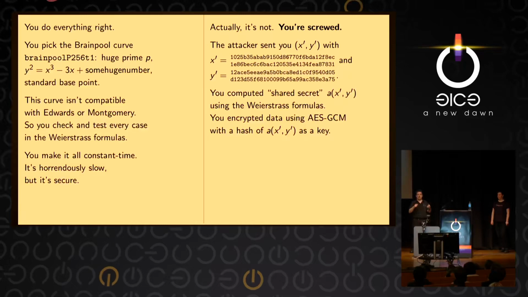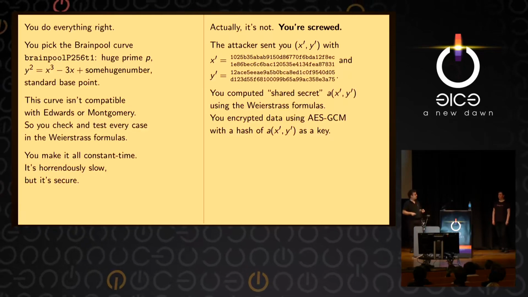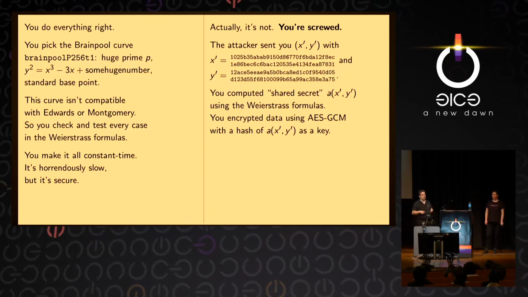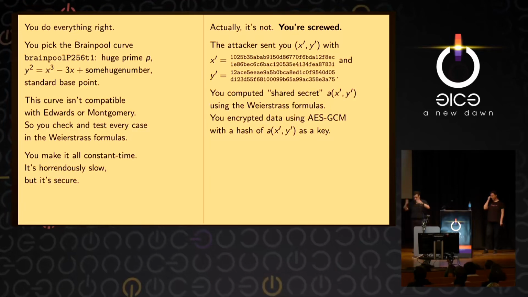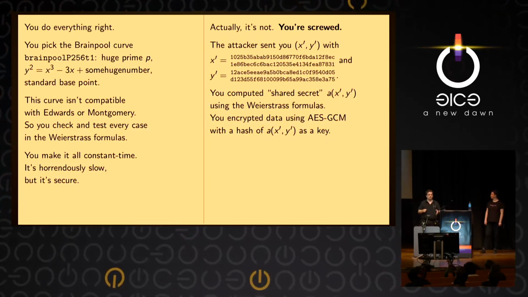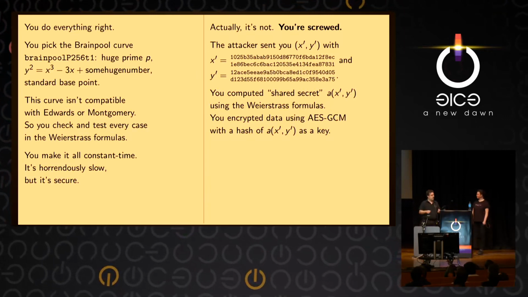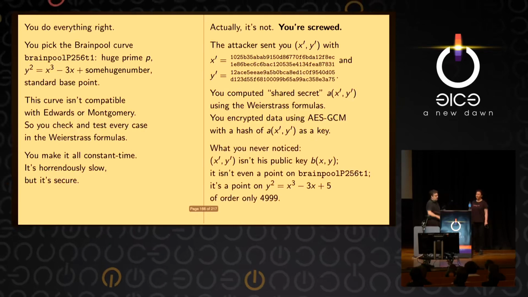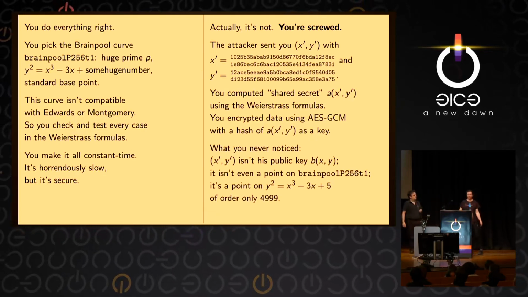And I send back my A times that x prime, y prime. And then I've done this computation correctly. And then I've now used the encryption and authentication mechanisms that somebody's told me to use, standard mechanisms. And I've encrypted some data and sent that through the network. I'm on the network. I see the same encrypted message.